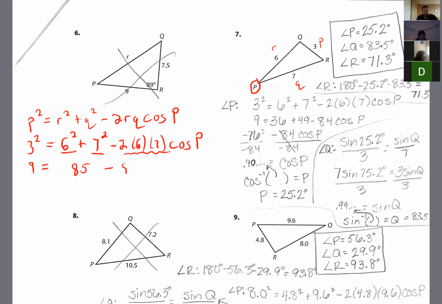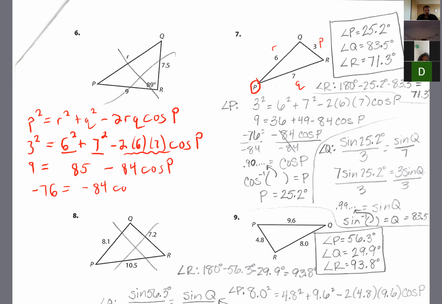Please do not combine the 85 with the 84. You have to subtract 85 from both sides. So when you subtract 85 from both sides, you're going to get negative 76 equals negative 84 cosine of p.